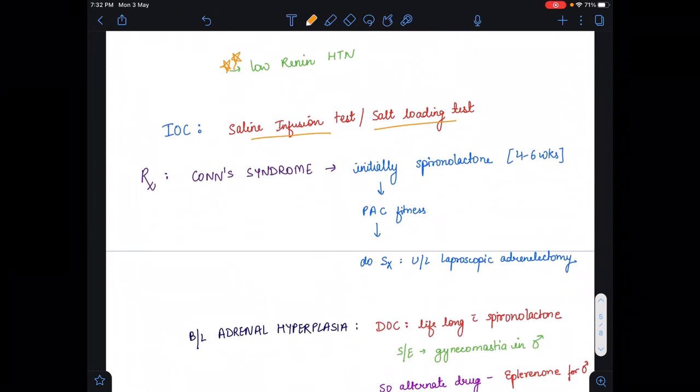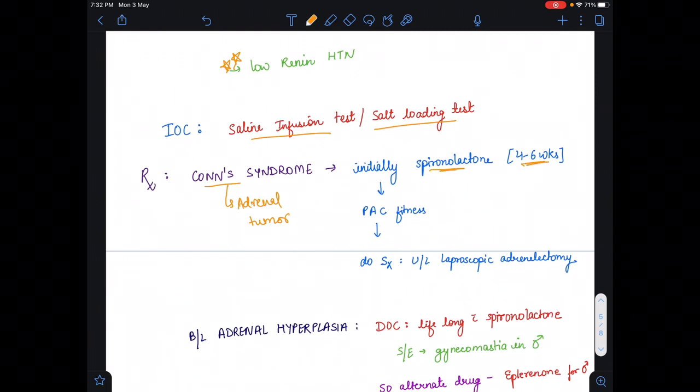So in the treatment of Conn syndrome, as we know, Conn syndrome is due to an adrenal tumor. So in adrenal tumor, it means that in the treatment, we have to do some kind of surgery. Basically, in the initial stage, we have to give the patient spironolactone for 4 to 6 weeks.